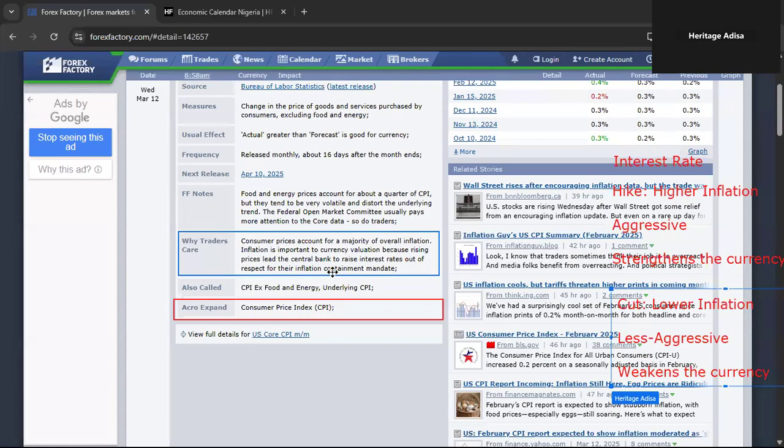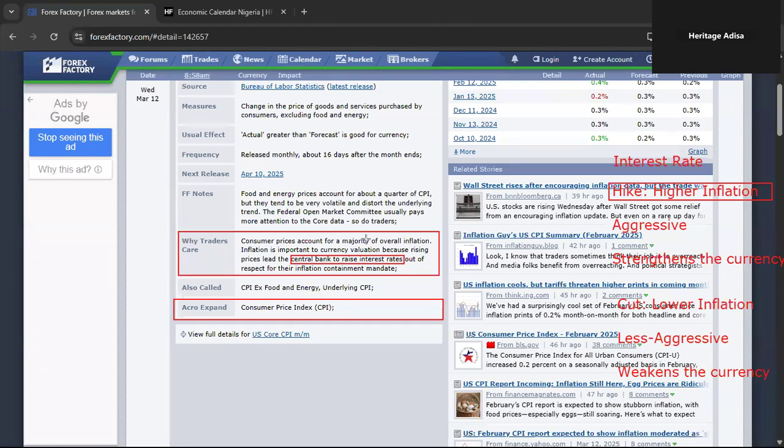It says consumer prices account for a majority of overall inflation. We're talking about inflation, right? It says inflation is important to currency valuation because rising prices, that is when inflation is going up, would lead the central bank to raise interest rates.